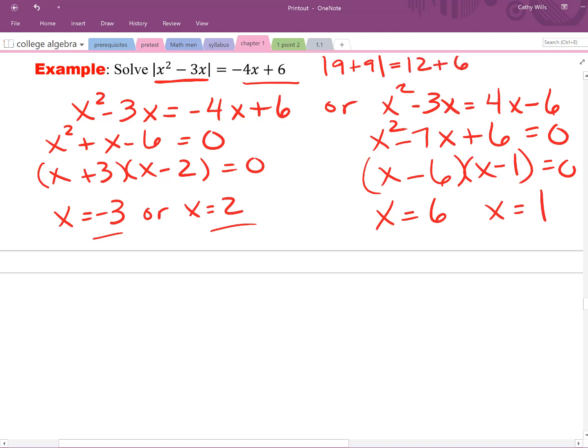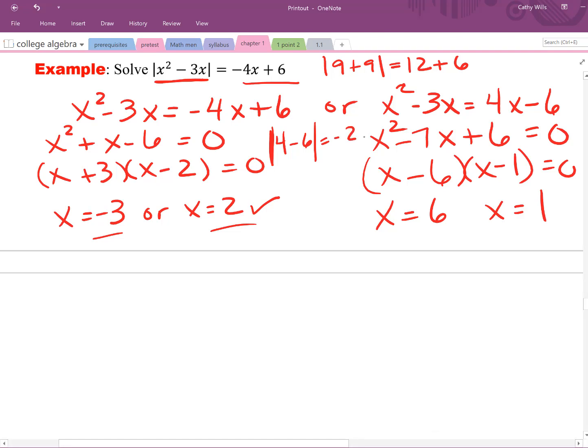So that's absolute value of 18 equals 18. That's true.